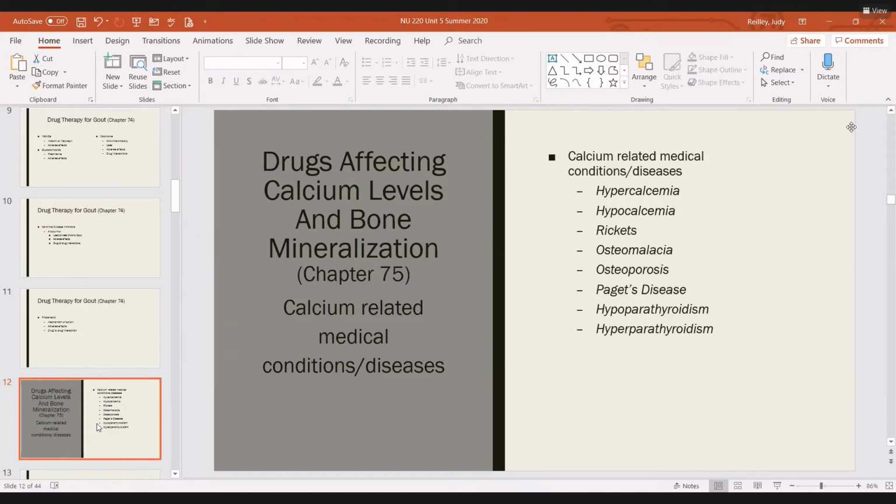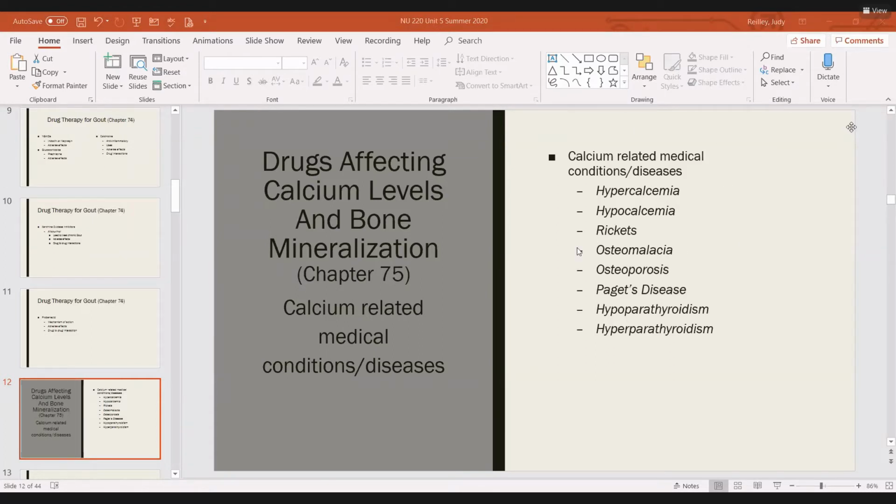When you look at hypocalcemia, you're looking at an increase in neuromuscular excitement. Sorry about that.